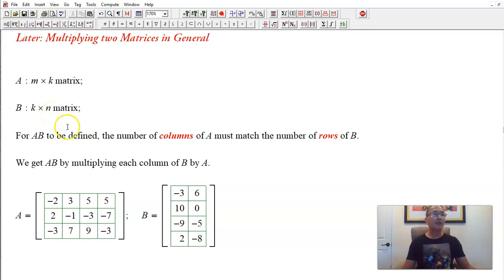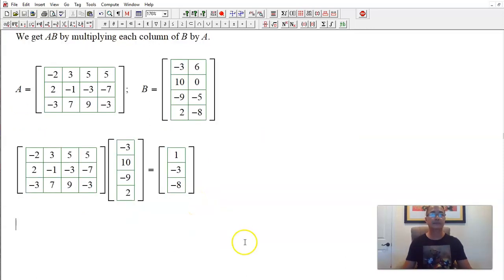Okay? So all you have to do is repeat what we just did to every column of B. So we did this in our last example. It's the same matrix A. So all we have to do is repeat the process for column 2. Okay, so I copied our work in our last exercise.